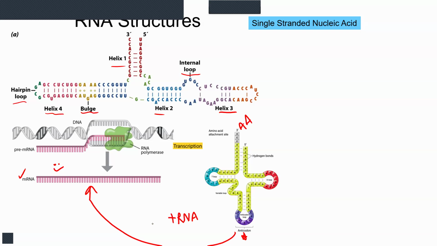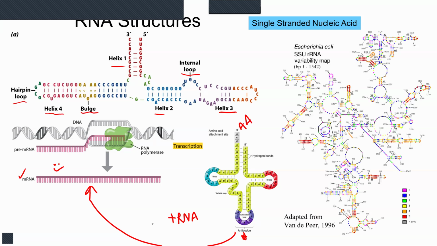And the number of times that biologists and biochemists have used the phrase "it can't get more complicated than that" and been right is still pretty much zero, because there is an example of a ribosomal RNA. This is the small subunit of the rRNA. And this is so complicated that it's tough to even know where to begin.